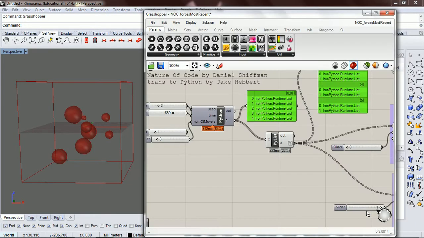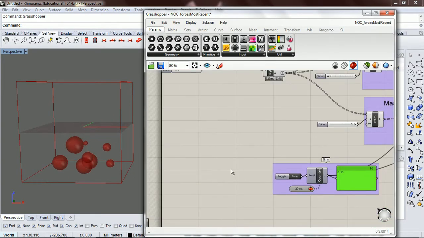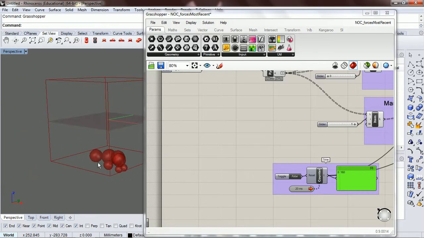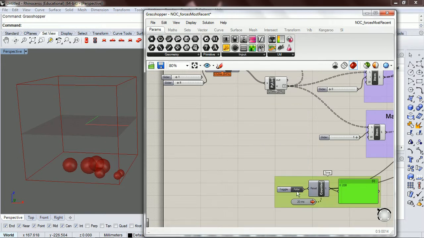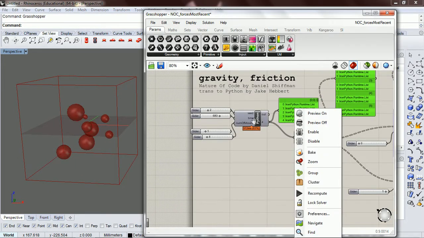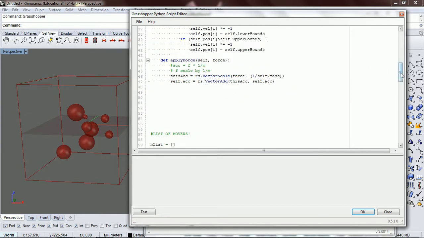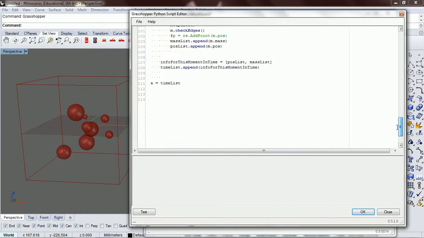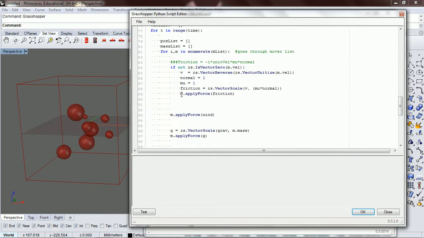Okay, so let's see if that worked. Yeah, so you can see that the bouncing balls, they settle. Yeah, so there they are. We have settled. Whereas, let's just look at it again and not apply the force.